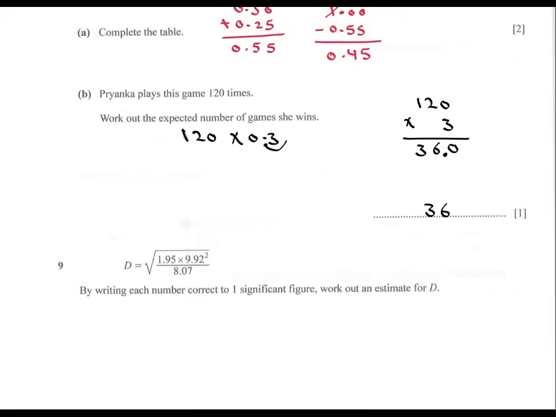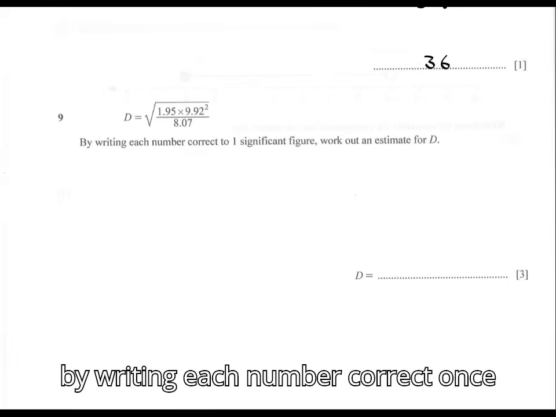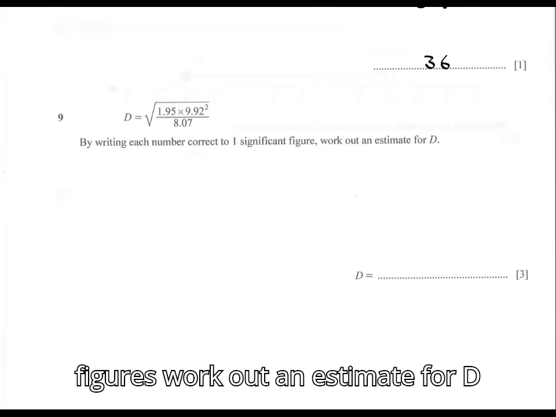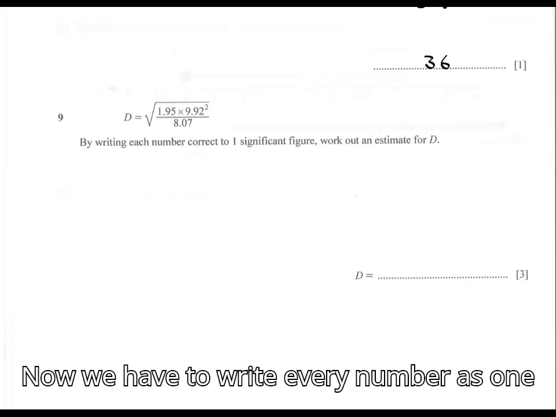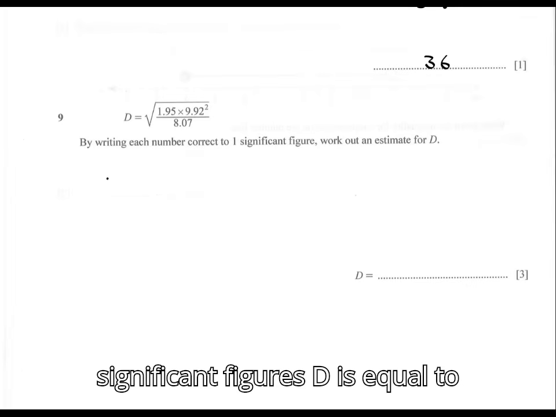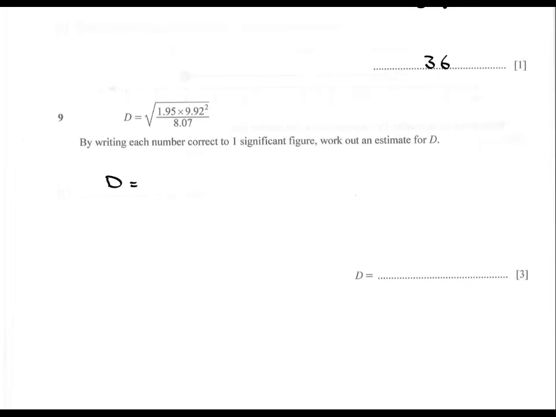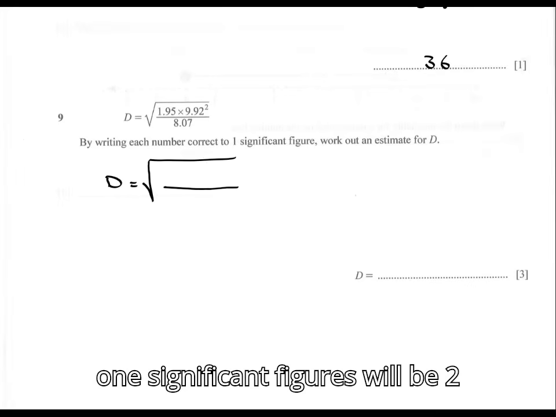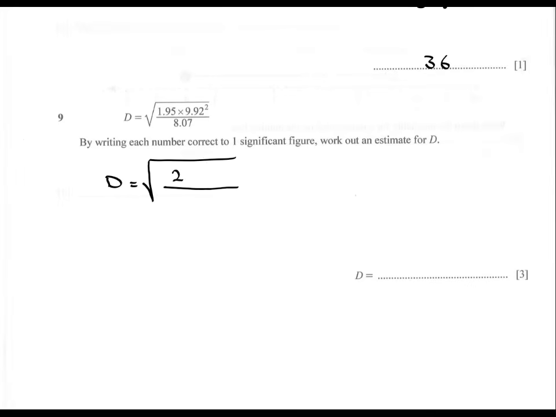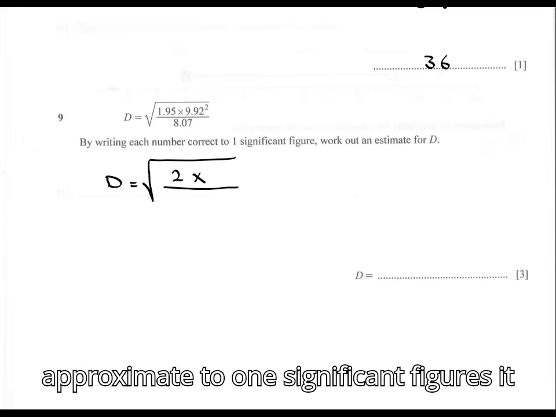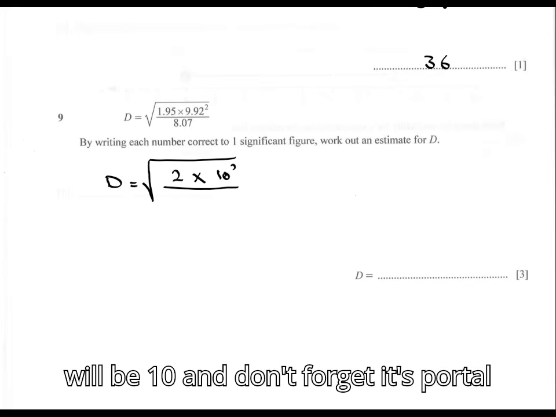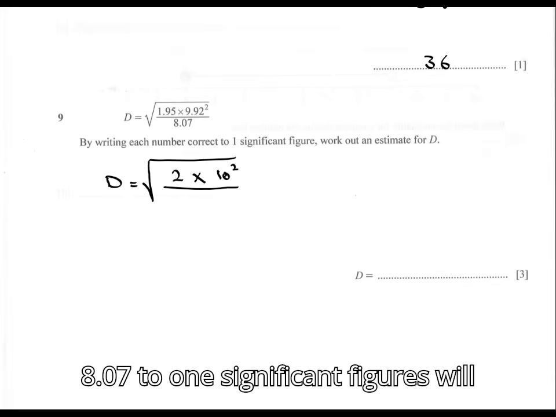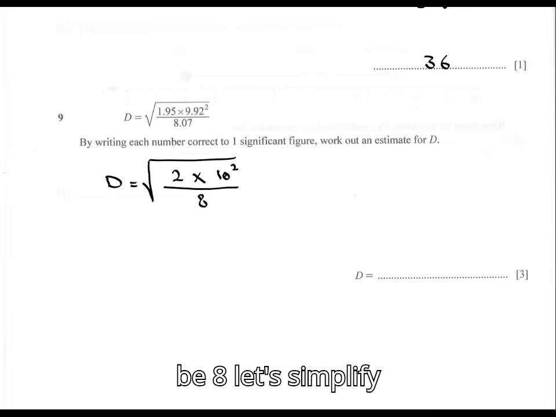Question 9. By writing each number correct to one significant figure, work out an estimate for D. Now we have to write every number as one significant figure. D is equal to square root of 1.9 approximated to one significant figure, which is 2, times 9.9 approximated to one significant figure, which is 10, and don't forget it's power 2, over 8.07 to one significant figure, which is 8.